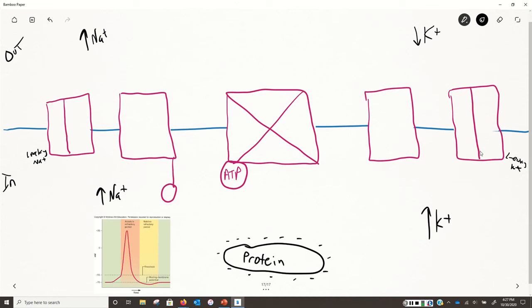That represents a tunnel passing through. Next, we have a voltage-gated sodium channel. Over here, we have a voltage-gated potassium channel.